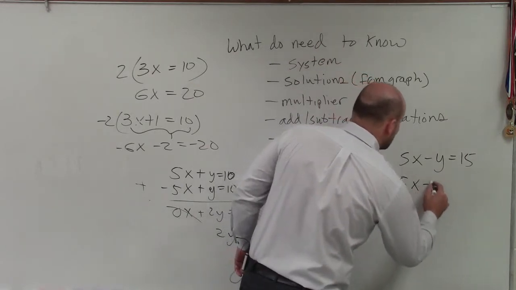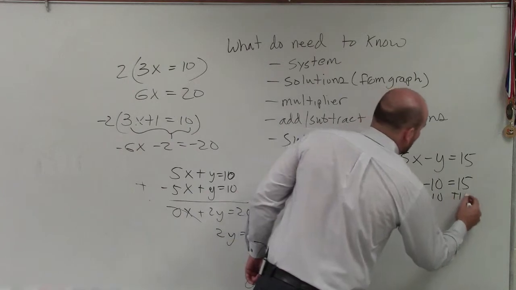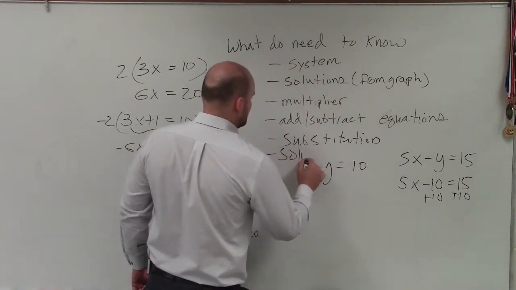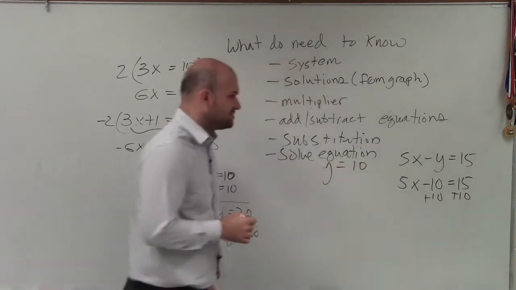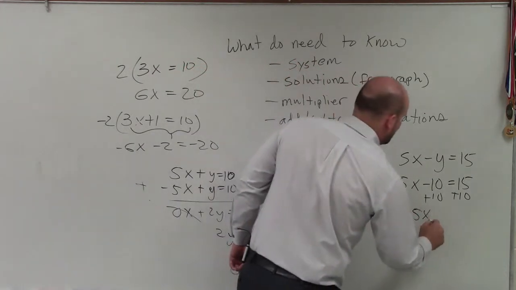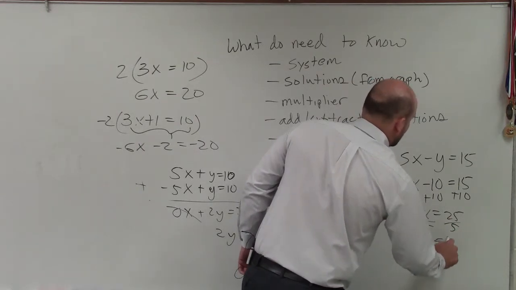So I'm left with 5x minus 10 equals 15. Then I just solve the equation, so I have 5x is equal to 25. Divide by 5, divide by 5, x equals 5.